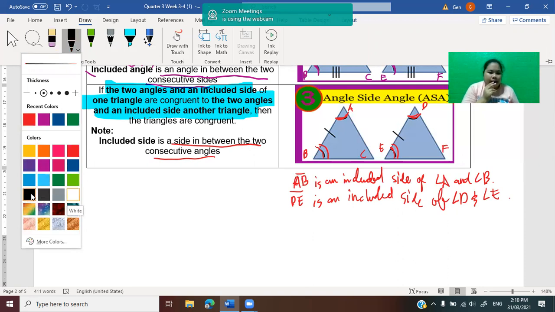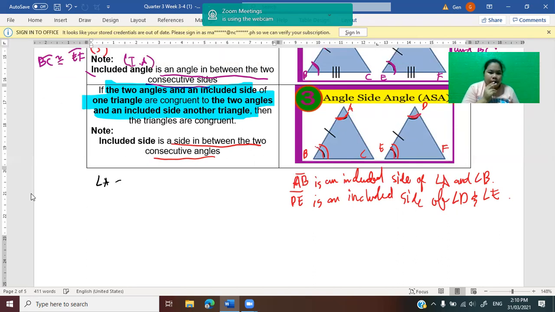Yan. So, the arrangement is angle side angle. So, we have angle A is congruent to angle D. Ano pa? AB is congruent to DE. What else? And BC. Hindi pala BC.